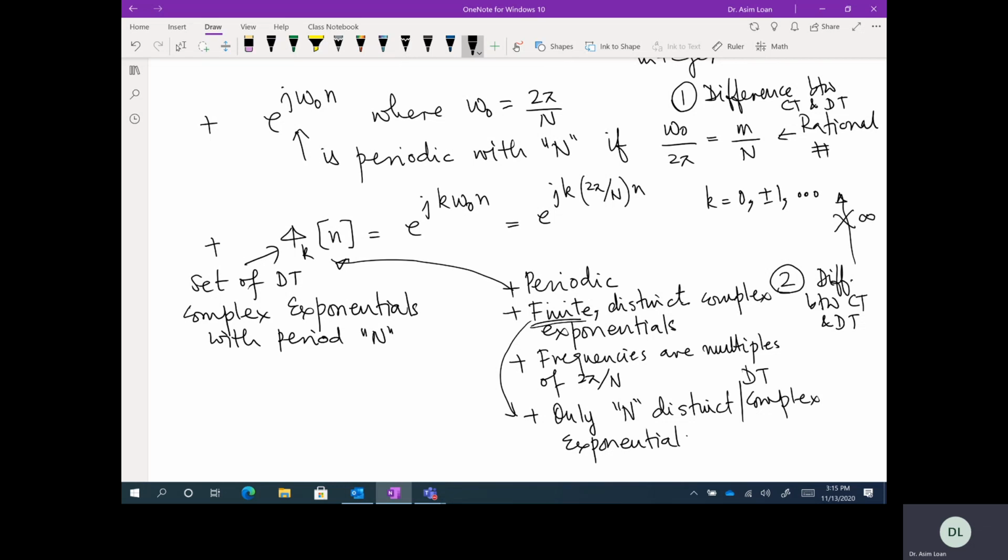So this sum has k going up to N. Okay, and why is that?